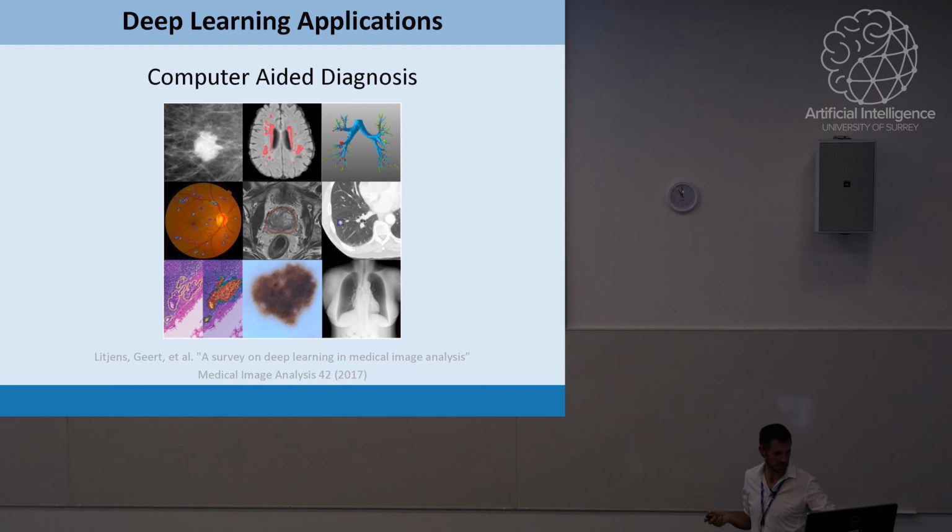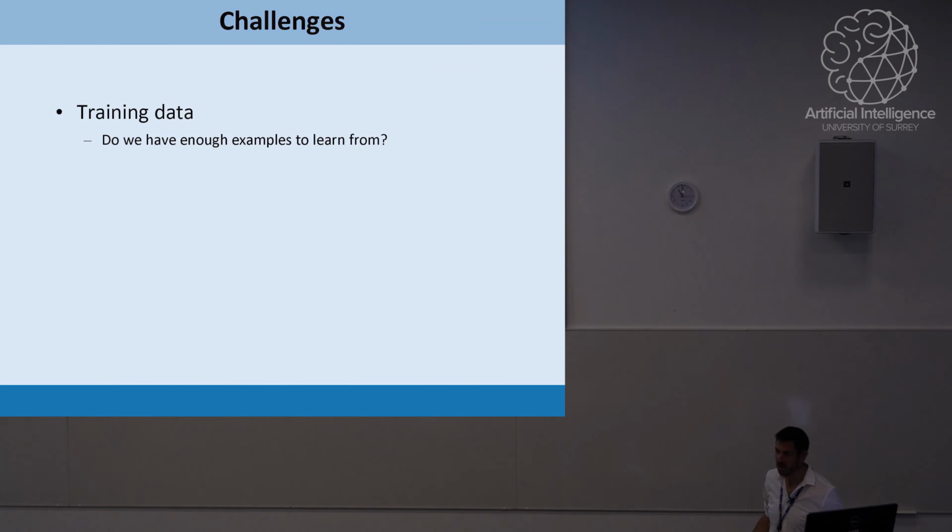You've got prostate segmentation, lung nodule classification, breast cancer metastases detection in lymph nodes, skin lesion classification, bone suppression in x-rays. You can see this huge number of applications of AI in healthcare that are becoming a reality over time. So all of these different applications have their different challenges.